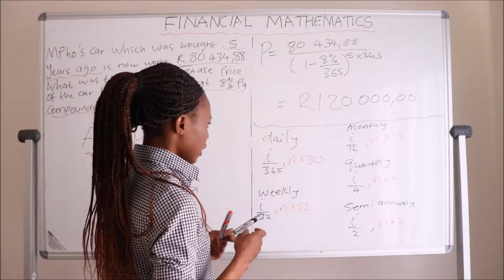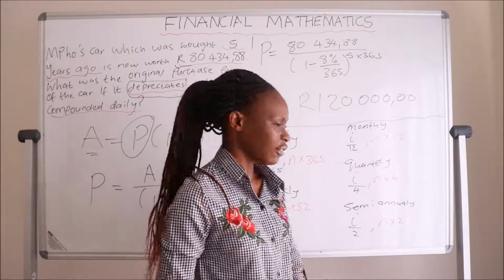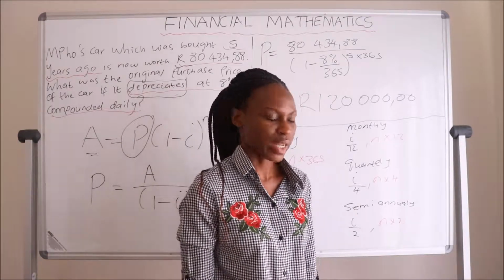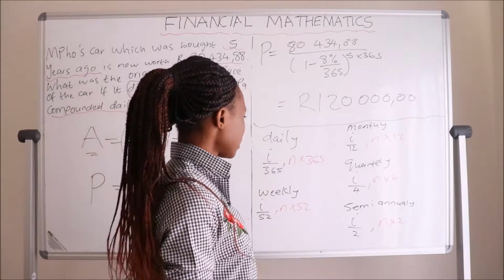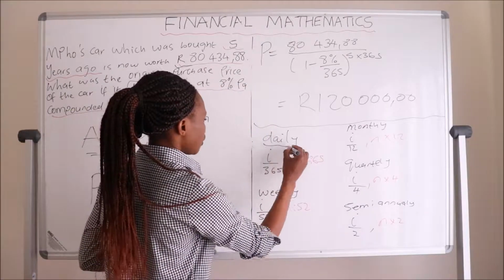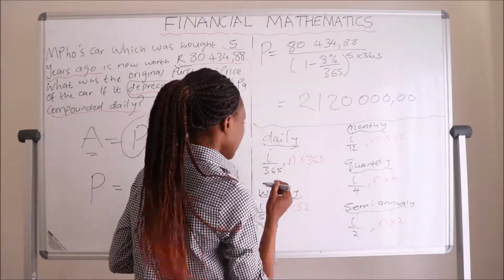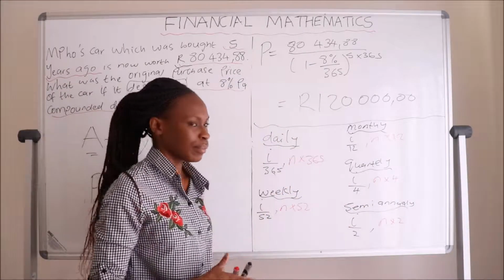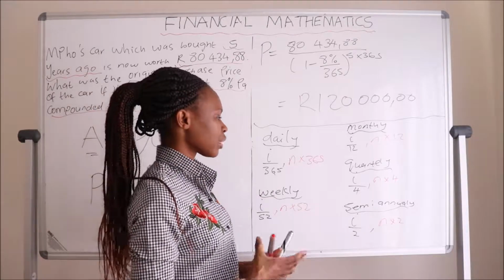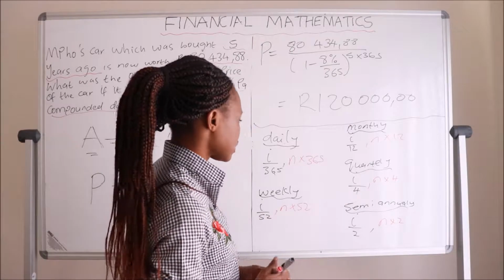The last one is annually, where you divide I by 1, which is the same as doing nothing, and multiply N by 1. So with the effect of compounding period, wherever you see daily, you should always have in mind that you divide the interest rate by 365 and multiply the period by 365.